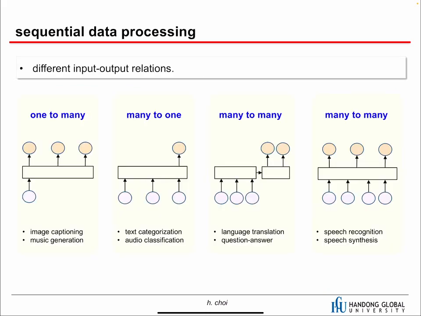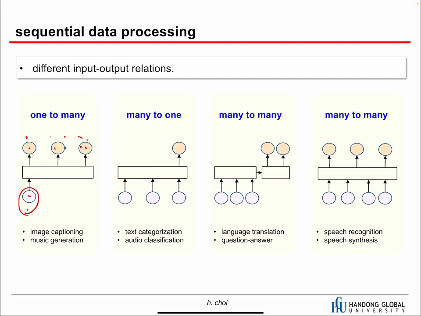Okay, to explain the relationship between input and output, we have this slide. Sometimes we have one sample as an input, and then we have a lot of output. Think about image captioning. We have one image, then we have to generate one sentence to describe the image, so we have a lot of words.